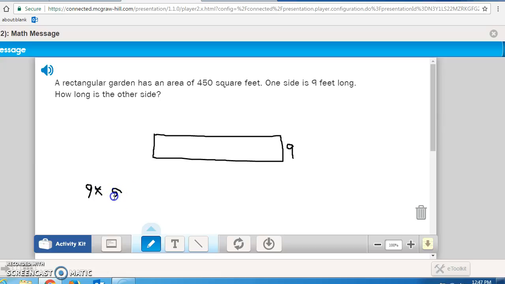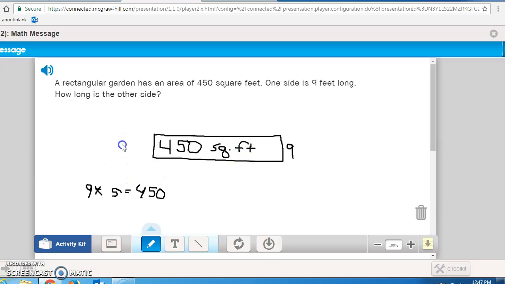And I'm going to give that variable s, equals the 450 square feet that it says is my area. So in order to cover this entire area, your answer has to equal 450 square feet, which I'm going to abbreviate sq ft.